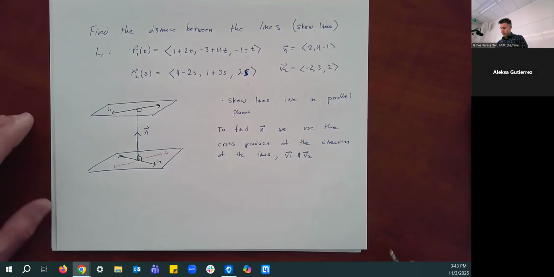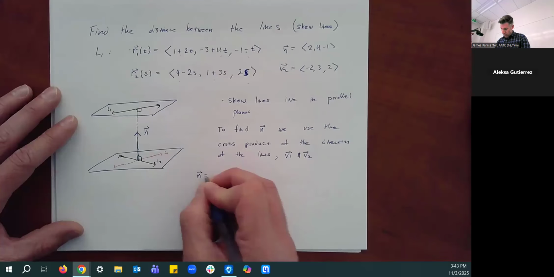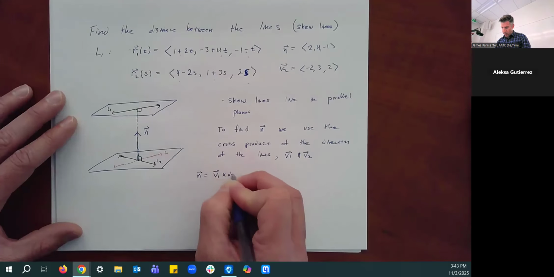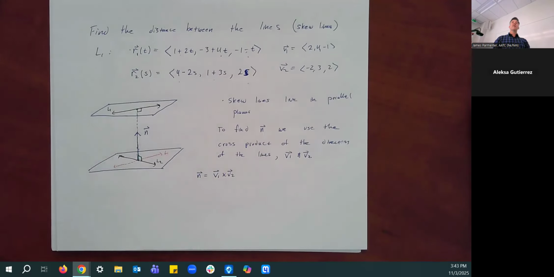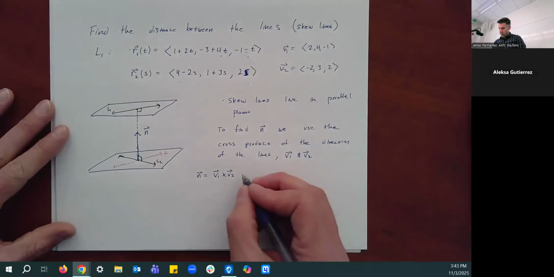Okay, so our n is going to equal V1 cross V2. It does not matter which order you cross. I mean, it does matter in that you get a negative of your answer if you cross them in the opposite direction, but either vector, either n pointing up or n pointing down, will be sufficient to help us finish this problem. So let's find the cross product of V1 and V2.